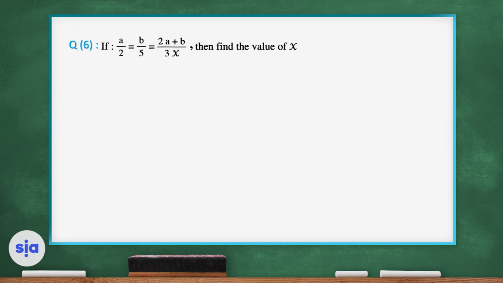Question number 6. If a over 2 equals b over 5 equals 2a plus b over 3x, then find the value of x.